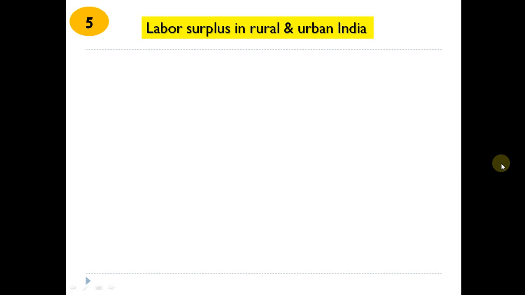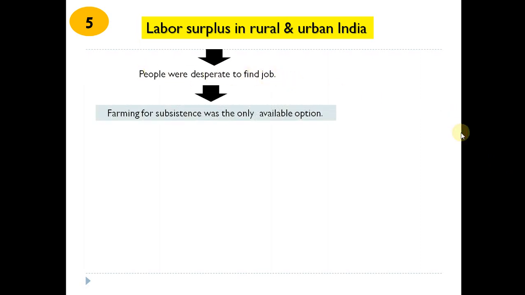Now see, how would this have an impact on forests? People were desperate to find jobs. Now farming for subsistence was the only available option. You have to cultivate the food that you have to eat. It has come down to this.